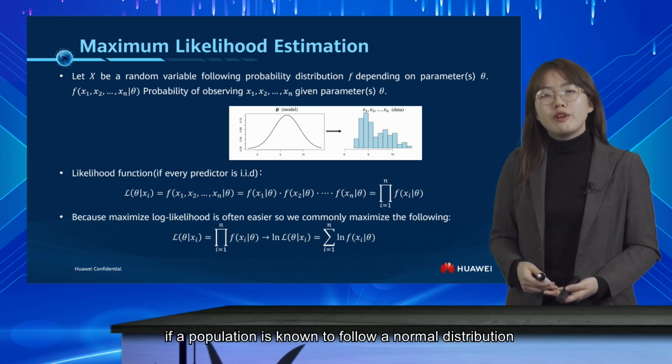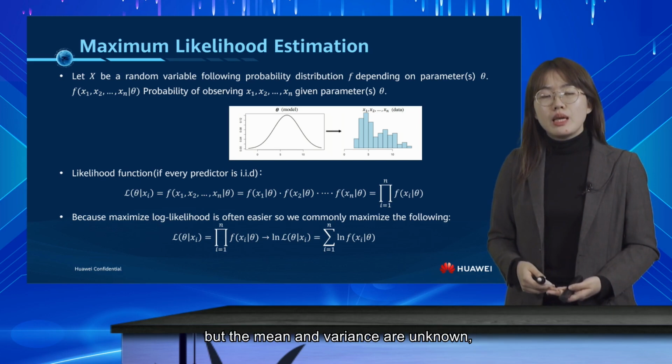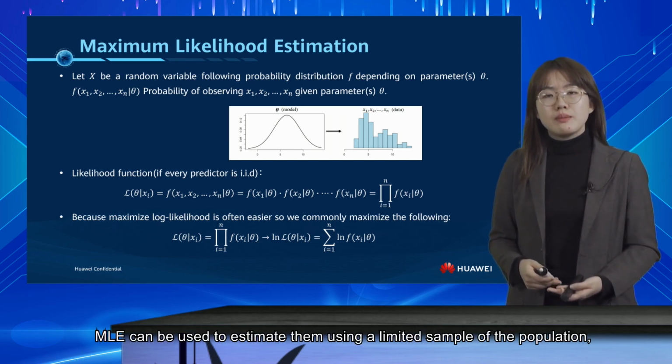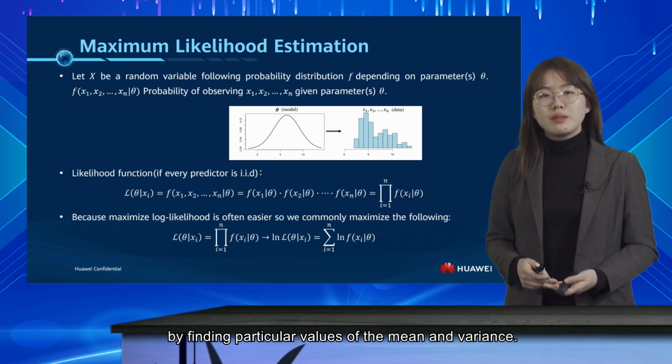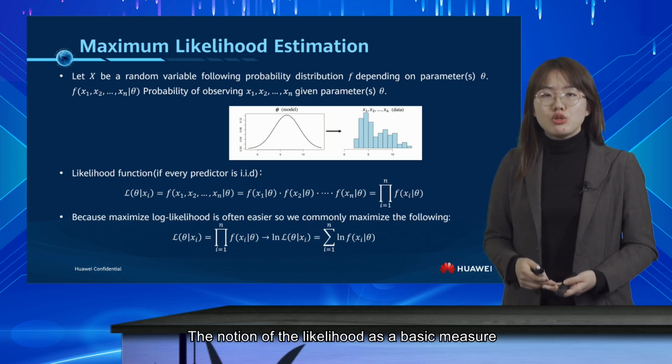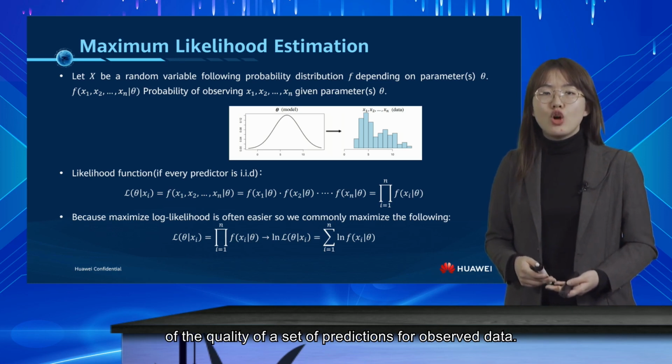For example, if a population is known to follow a normal distribution but the mean and variance are unknown, MLE can be used to estimate them using a limited sample of the population by finding particular values of the mean and variance, so that the observation is the most likely result to have occurred. This is the notion of the likelihood as a basic measure of the quality of a set of predictions for observed data.